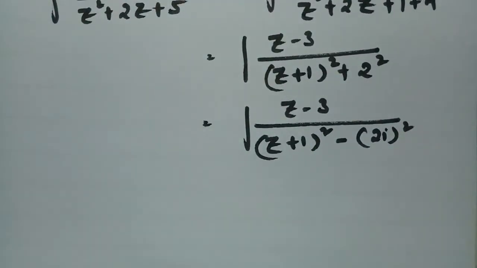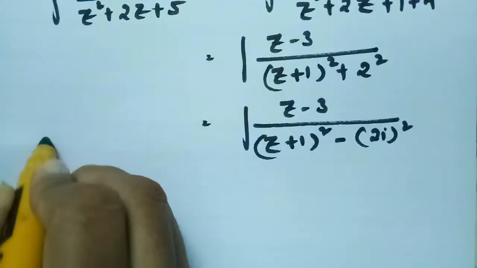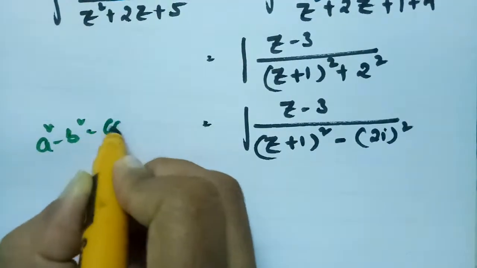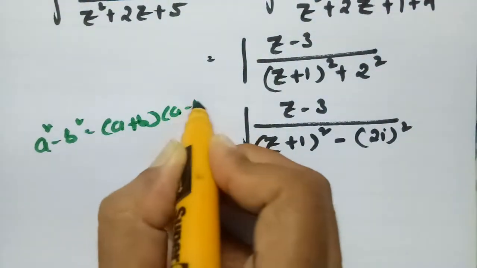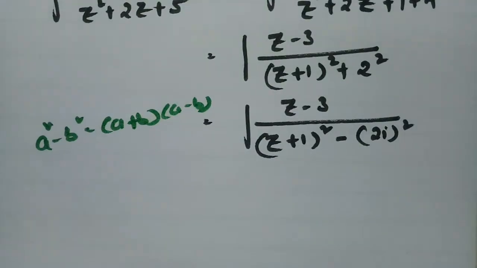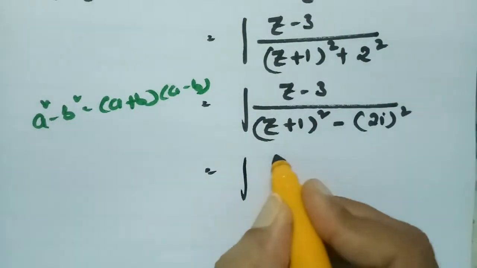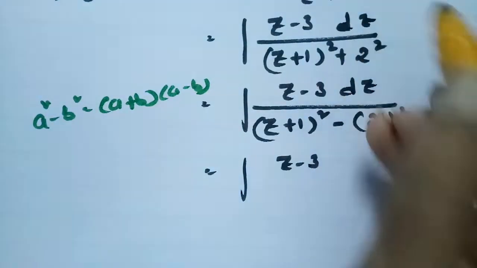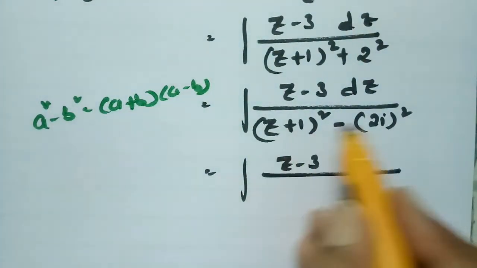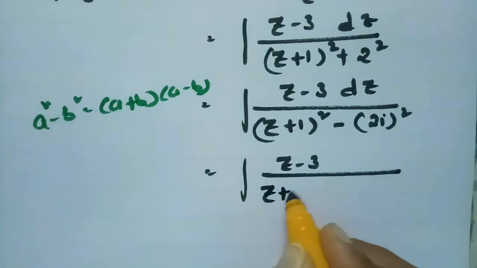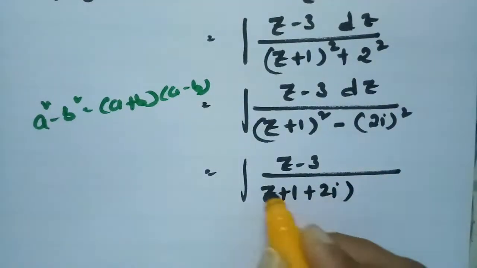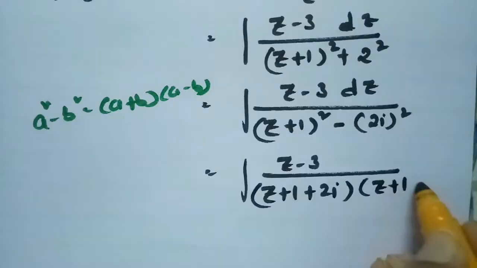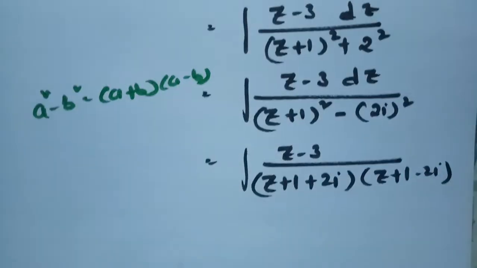As you know, a square minus b square is nothing but a plus b into a minus b. If I apply this formula, then this will be (z minus 3) dz by (z plus 1 plus 2i) into (z plus 1 minus 2i).